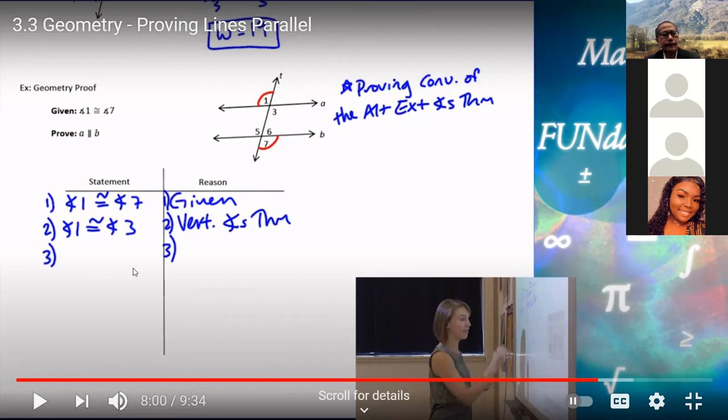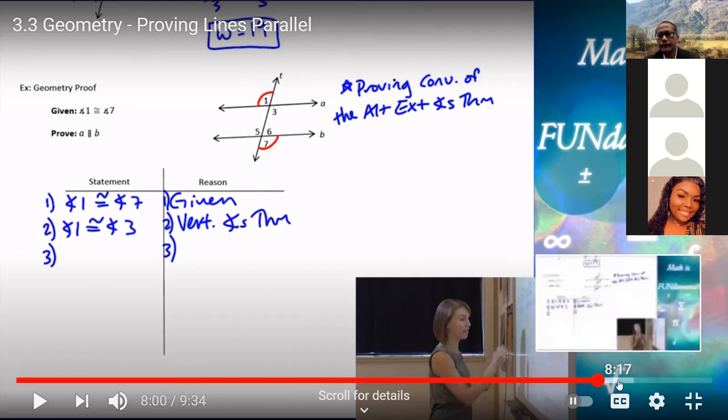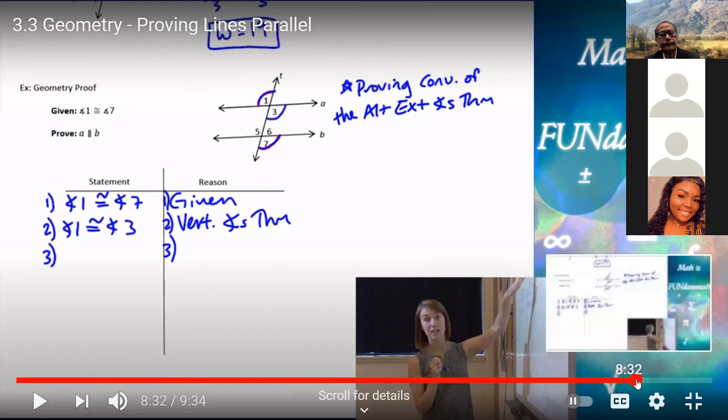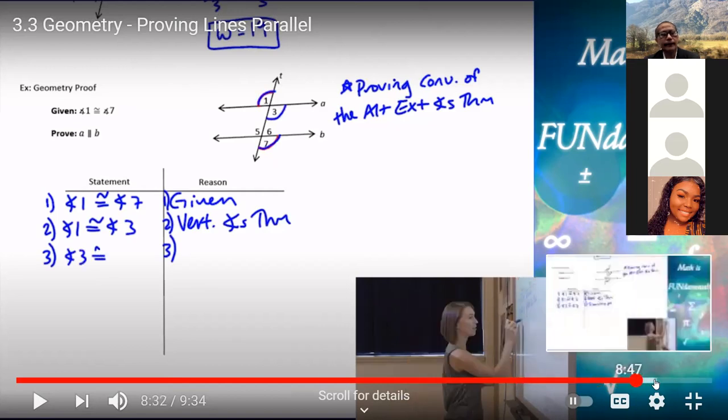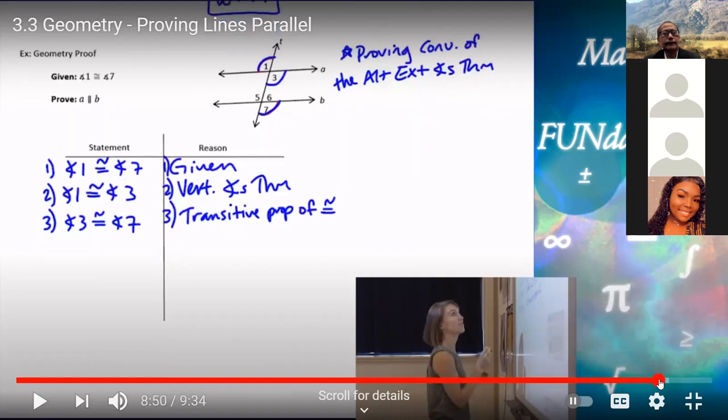Okay. Because angle 1 is congruent with angle 7, and angle 1 is congruent with angle 3, so angle 3 is congruent with angle 7.